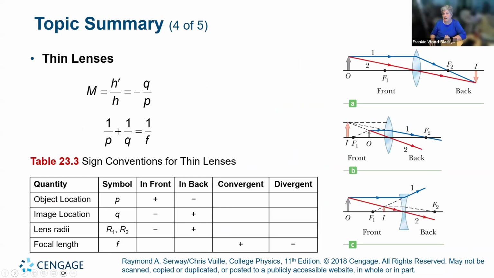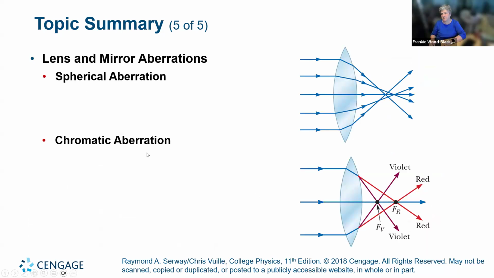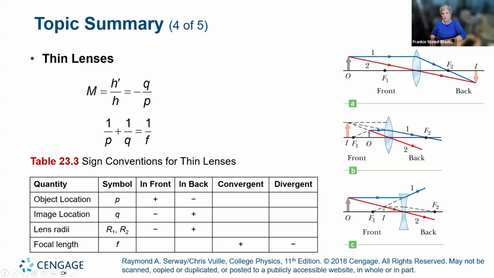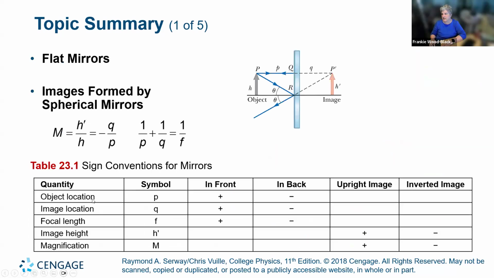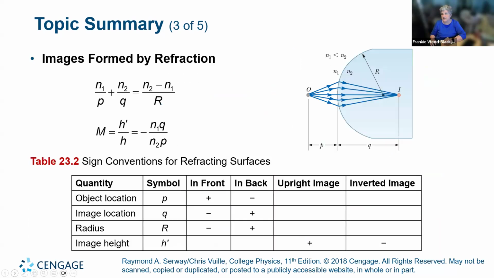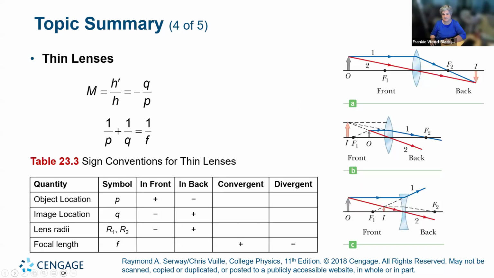You don't necessarily need the aberration topic, but these 4 slides, where you have your sign convention charts plus your drawings, are really the best items to have for that.